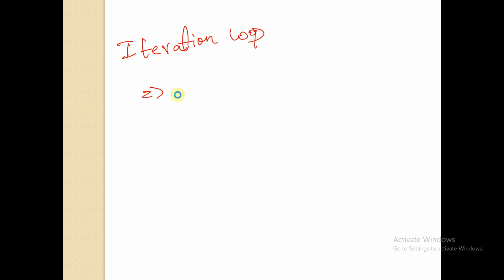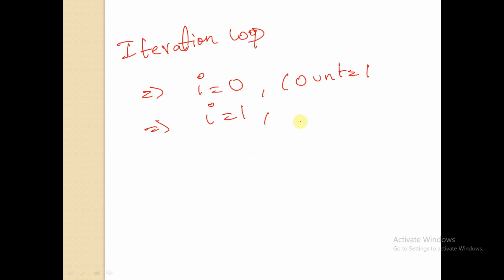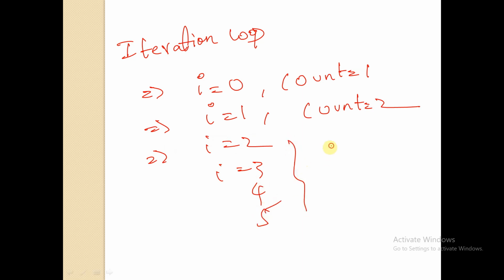So basically in first iteration we have I is equal to 0 and count will be equal to 1, and in second iteration our I will be equal to 1 and count will be equal to 1 plus 1, that is 2, and in third iteration I is equal to 2, and so on, and count is equal to 3, 4, 5. Sorry, here I will be up to 4 only and count will be equal to 5.